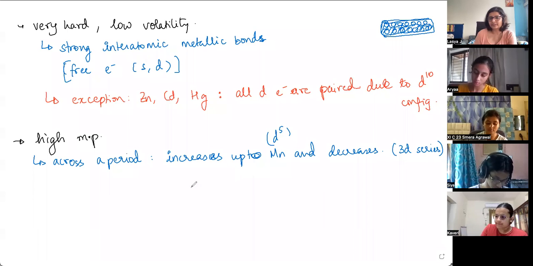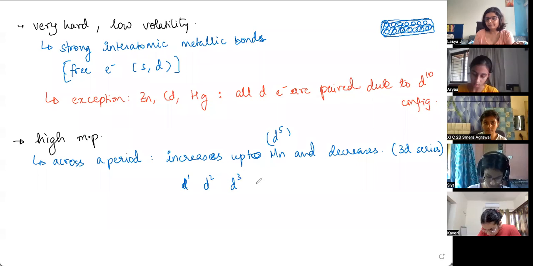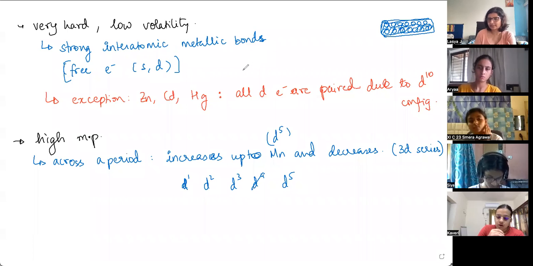So in d1 you have 4s2, which is constant, and then you have d1, d2, d3, d4, d5. I mean, d4 doesn't exist, but yeah, d5. The number of electrons is increasing up to d5, so the interatomic metallic bonds also increase up to d5.